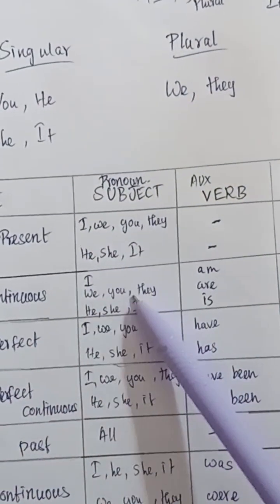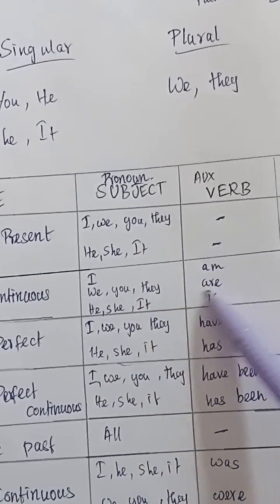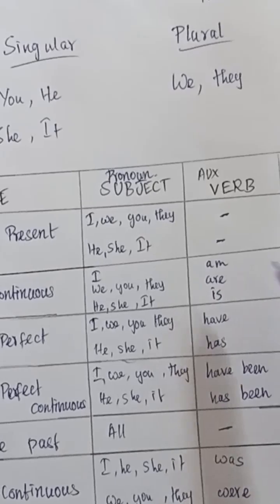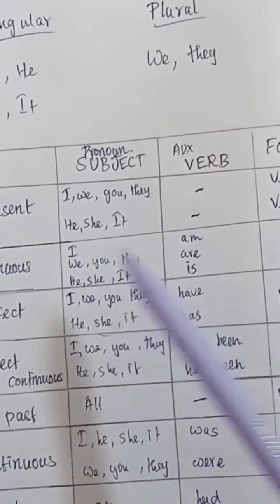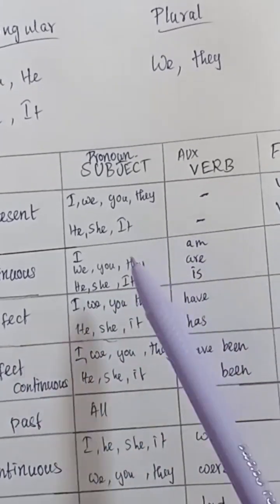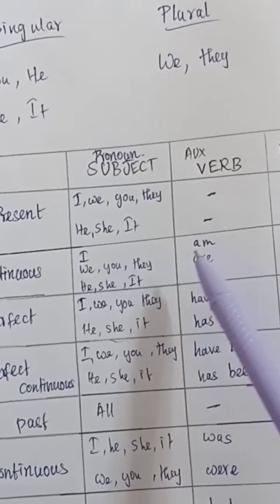So we, you, and they will have are as the supporting verb, that is the auxiliary verb, and that will continue with the verb plus ing. So we are writing, you are writing, they are writing. So these are all plural.